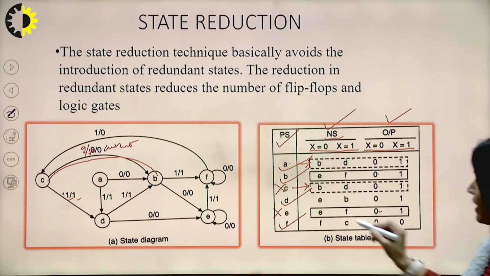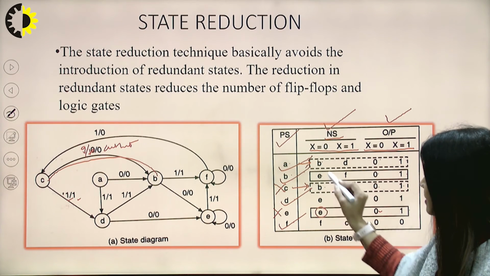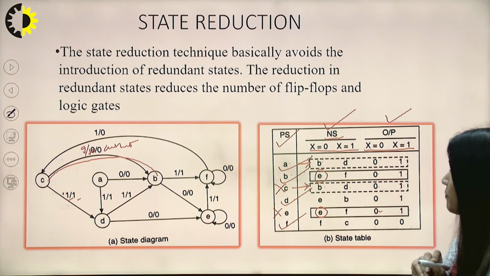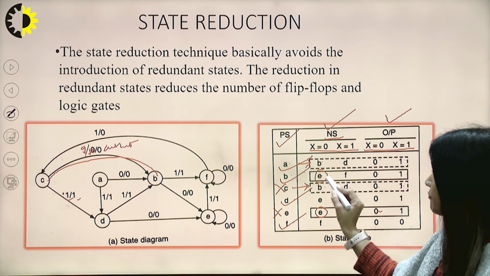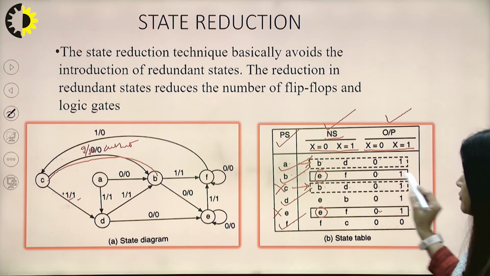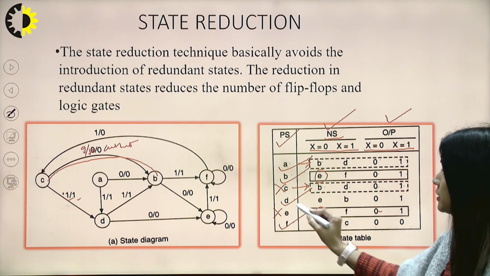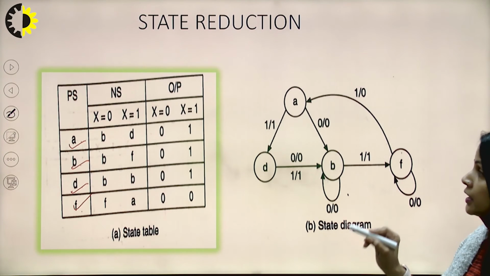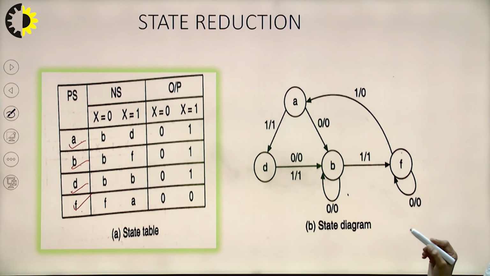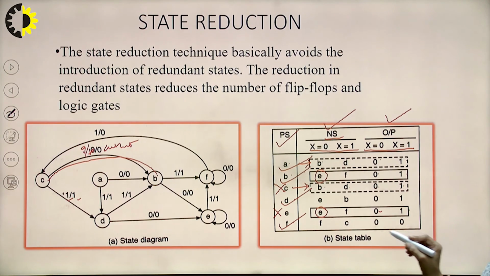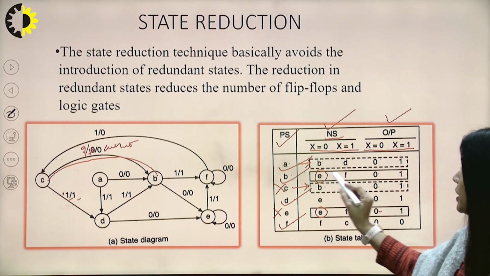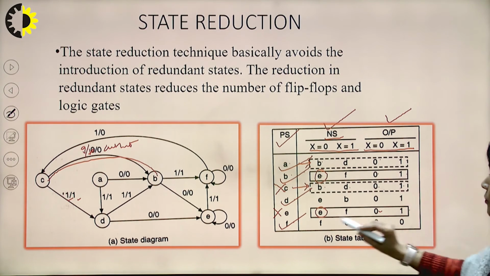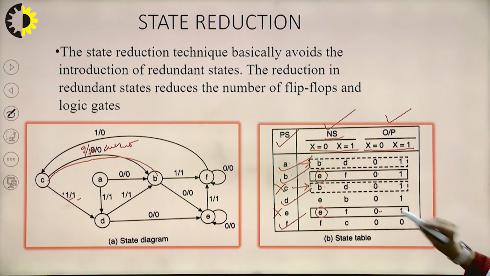We have replaced this E, because if I write B, E, F, 0, 1, then this state will be removed. So the option is that I will write B to B, B, F, 0, 1. So this is B, F, 0, 1, because these two are exactly the same.